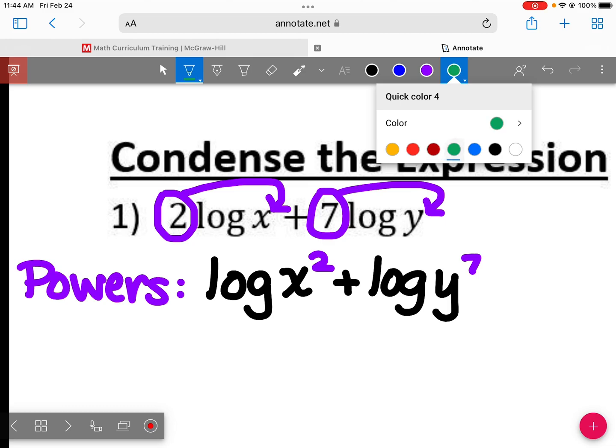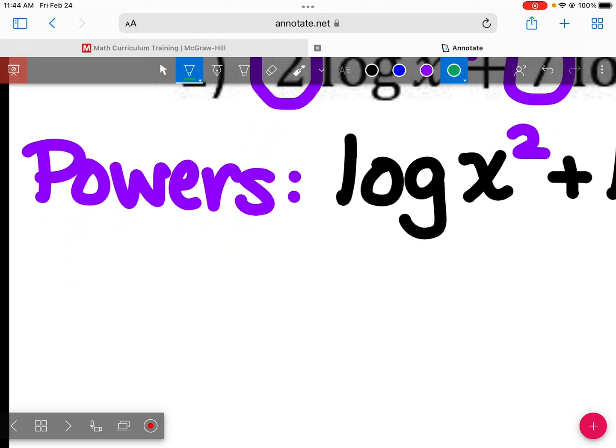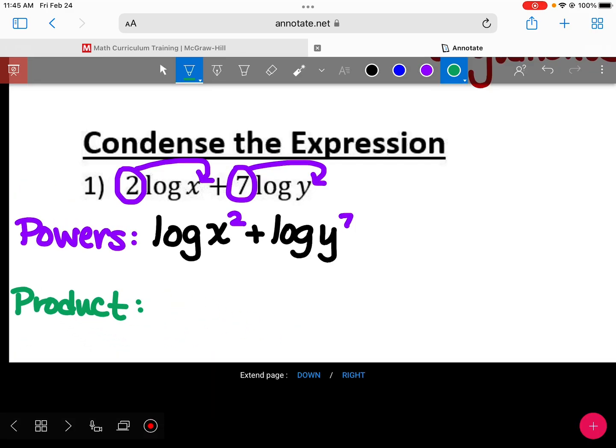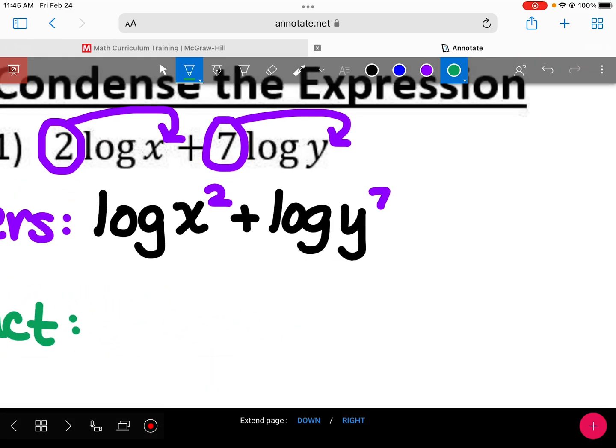What's my next step? I did powers, product. That's exactly right. I have 2 logs that are being added together, right?